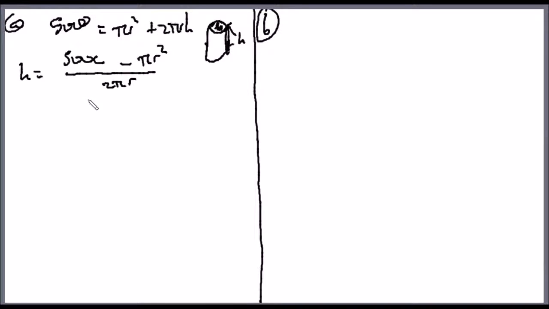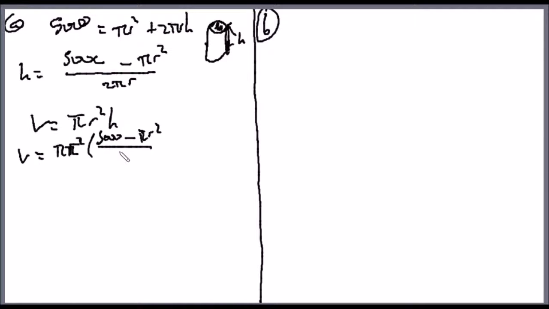So now, using this information, we can find the volume. The volume of a cylinder is pi r squared h, regardless of it being open or not. So we can just use our value of h that we just found, and all of this is over 2 pi r.